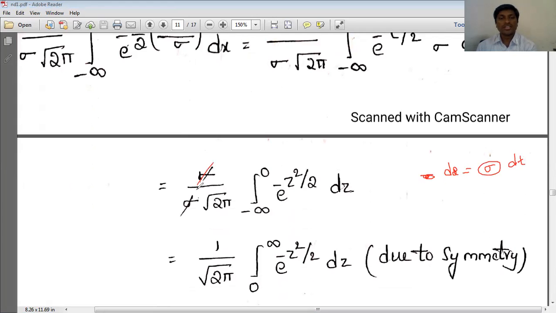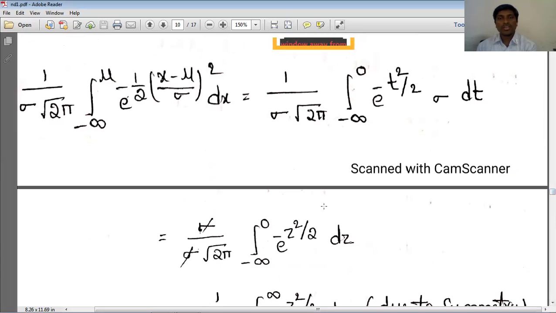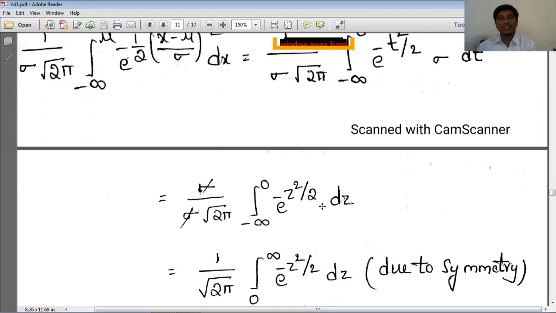After writing outside, sigma and sigma cancel, and we get 1 by square root of 2 pi integral of e power minus z square by 2 dz. Here we had t, and in terms of normal distribution we write it as z. Generally we call it the z distribution also. This is not mandatory. If you want, you can change it, or we may not change it.